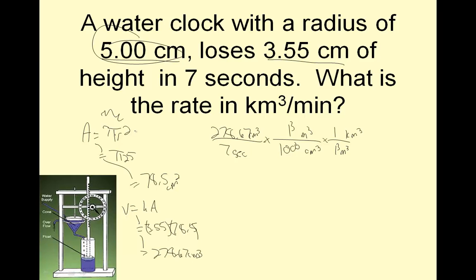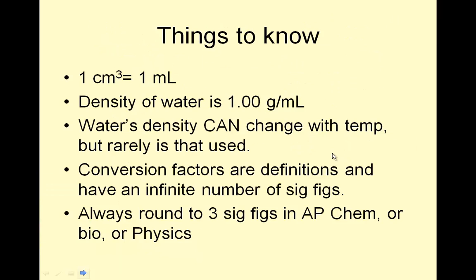Kilometers cubed. So 1,000 cubed. And then that gets me into the right top unit, but the bottom unit needs to be in minutes, so 60 seconds. Remember, diagonal, not bottom. 1 minute. And then you ask your calculator the answer for that.